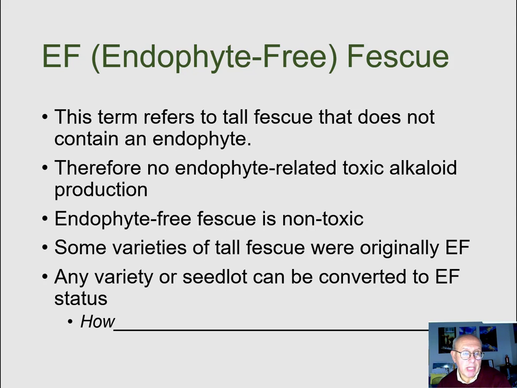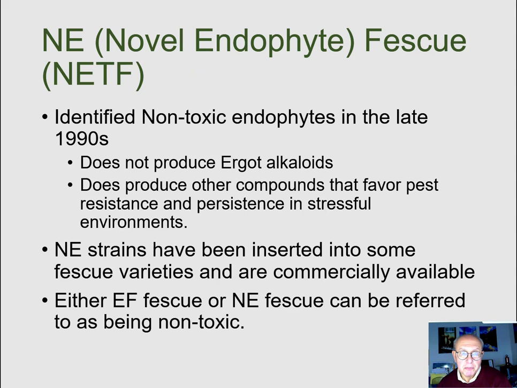So in the how blank at the bottom, you can age seed, you can treat seed with a specialized regime of heat and moisture, and also you can treat it with certain fungicides. You'll kill the fungus growing within the plant, and realize that this is two plants growing together, the fescue endophytic fungus and tall fescue.